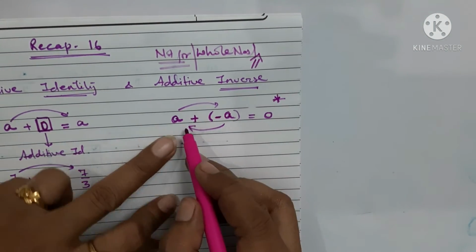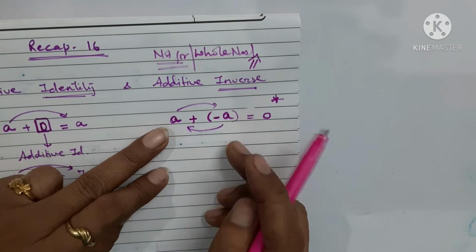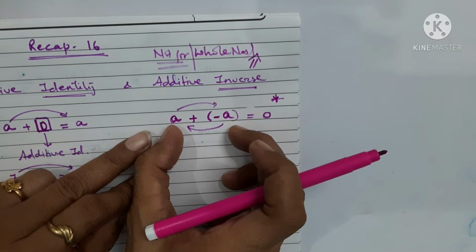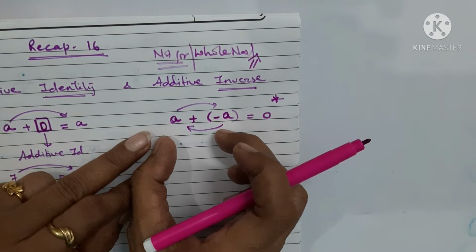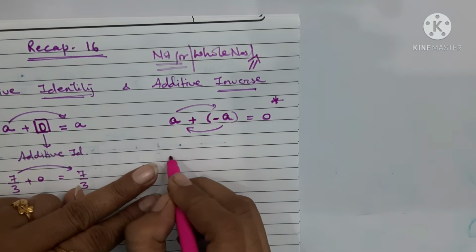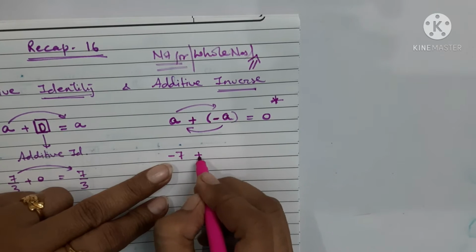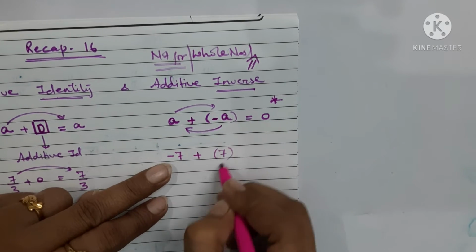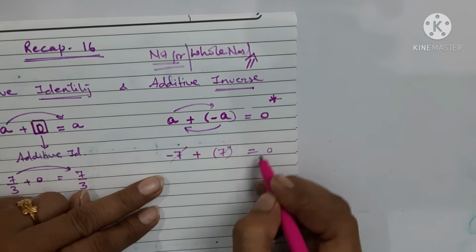So when I talk about additive inverse, it means when two numbers are added together such that you get 0, both numbers are additive inverses of each other. For example, if you take minus 7, one of the integers, and add 7 to it, you will see both cancel out and you get 0.